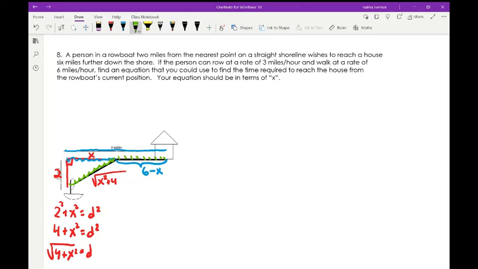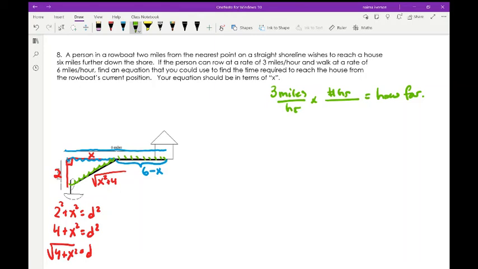Okay? So one of the things we should see is that this is also a rate question, that if you can walk 3 miles per hour, you would have to know the number of hours to actually figure out how far you're going to travel.